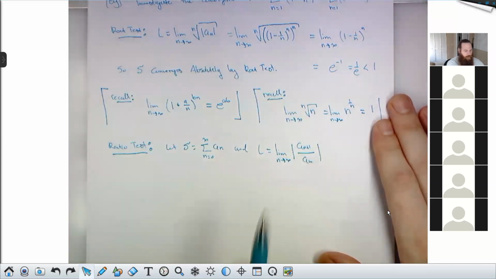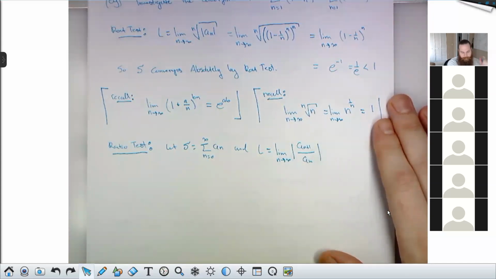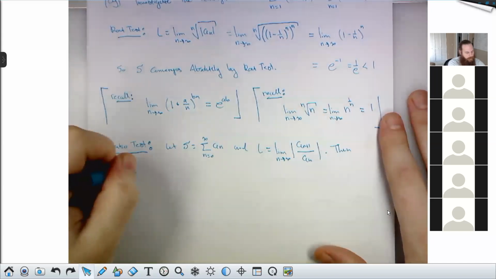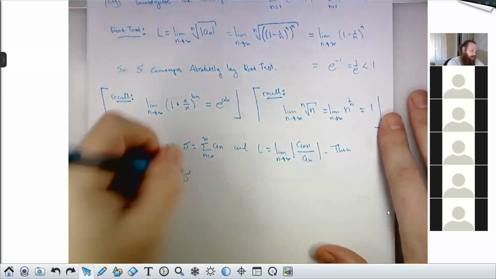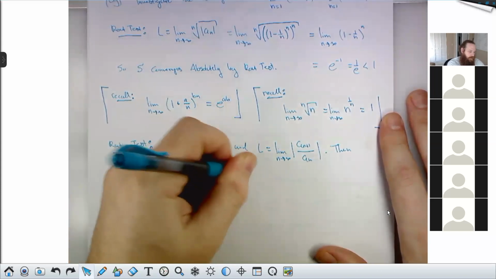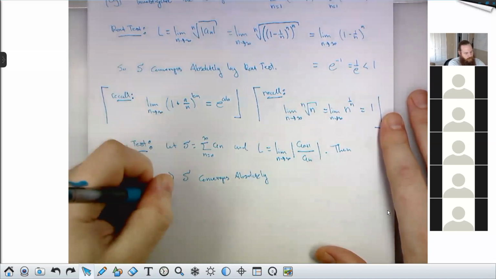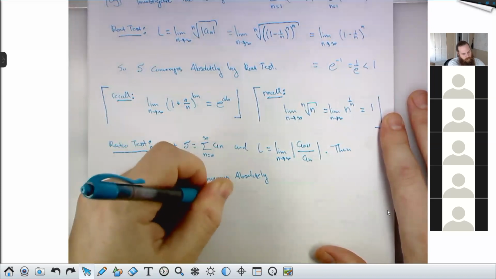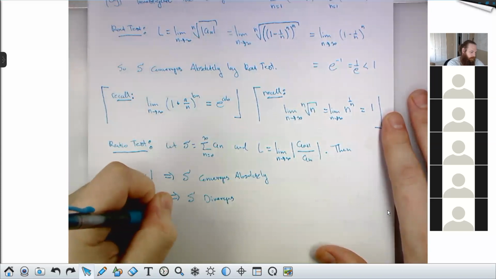So you take the limit as n goes to infinity of a ratio of 2 consecutive terms. Then the output is the same. If L is less than 1, S converges absolutely. If L is bigger than 1, then S diverges. And if L is equal to 1, the test is inconclusive.